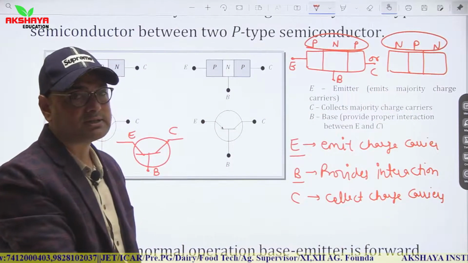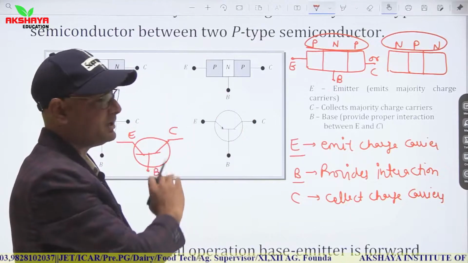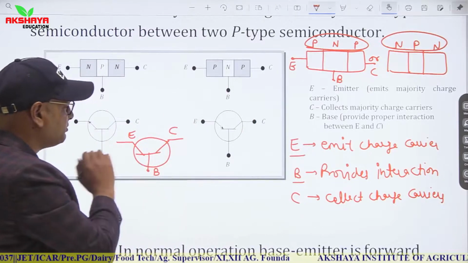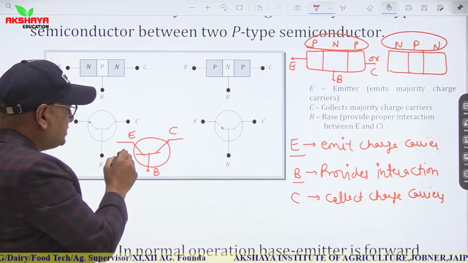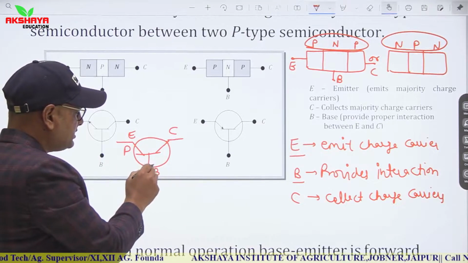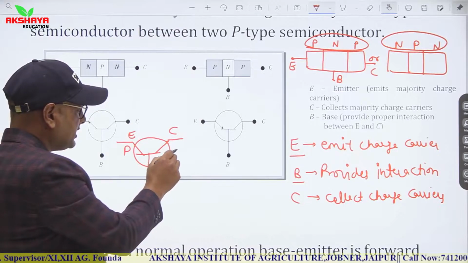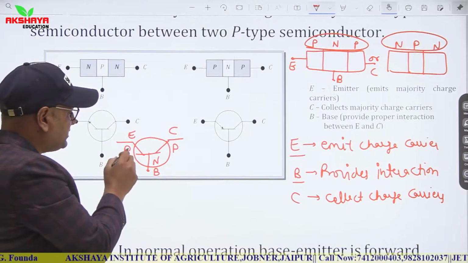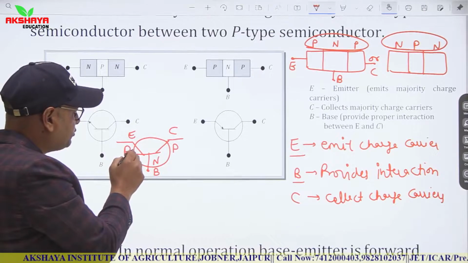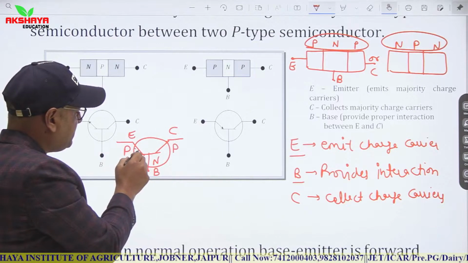So transistors are of two types, PNP and NPN. If we draw their symbols in this way, then in this case this region is P, this region is N, and this region is again P. Here we decide the direction of current as P to N in case of PNP.